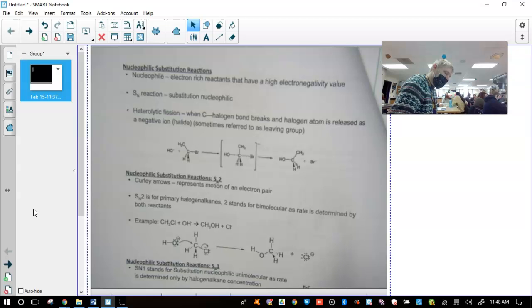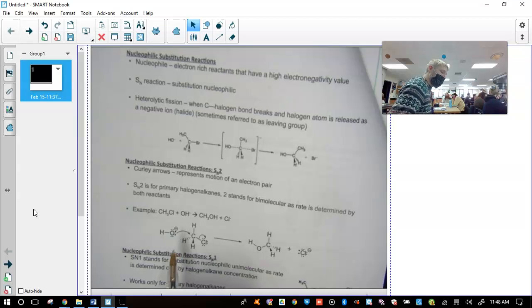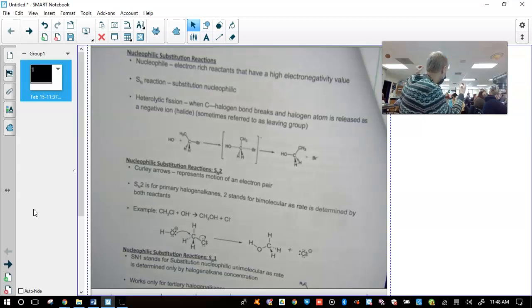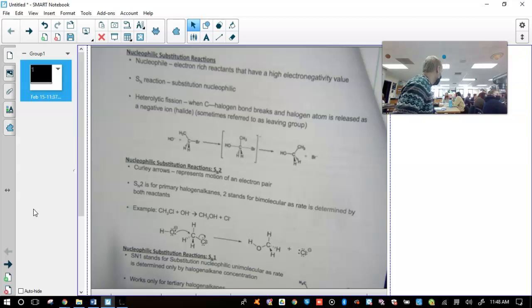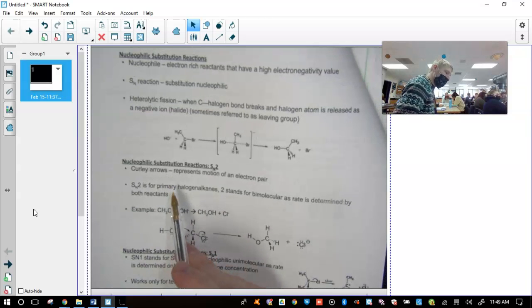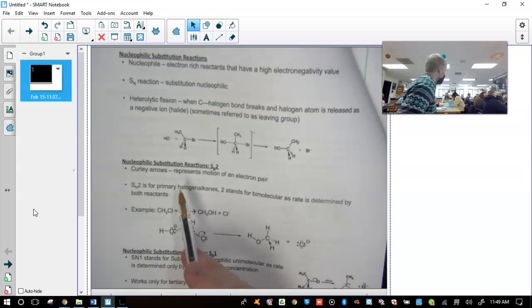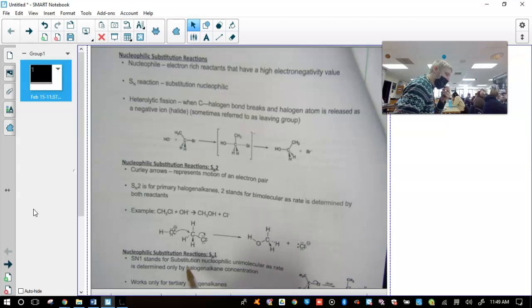Sn2 is going to be the Newton's cradle thing, where you have a temporary conformation right when the ball hits all the other balls, and then the actual product. We've got curly arrows to show the order of happenings. A curly arrow is an arrow that's not straight. It's curly. It represents the motion of an electron pair.